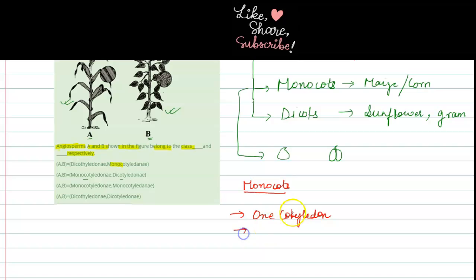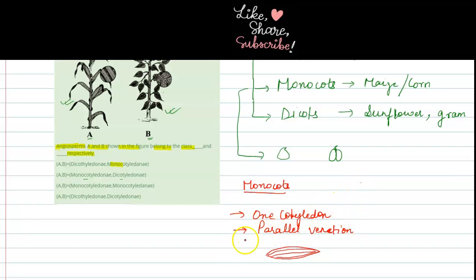Then, if you look at their leaves, monocots will have parallel venation. What do we mean by parallel venation? It means that their leaf, suppose this is the leaf of a monocot plant such as grass, the veins that are present will be arranged parallel to each other like this.